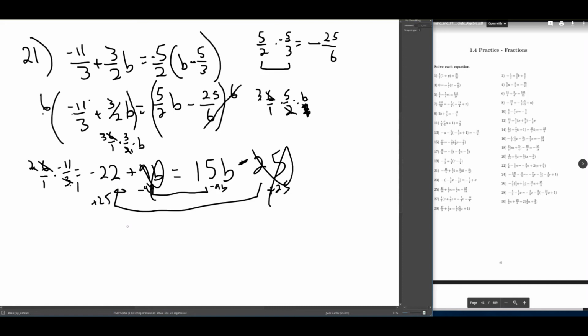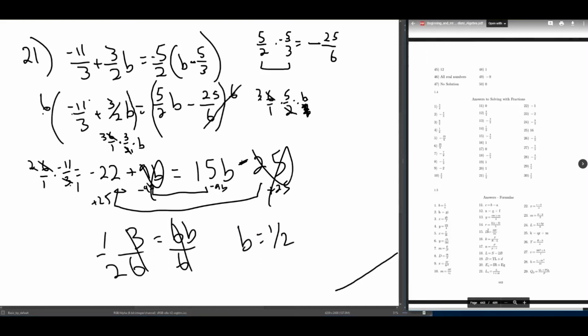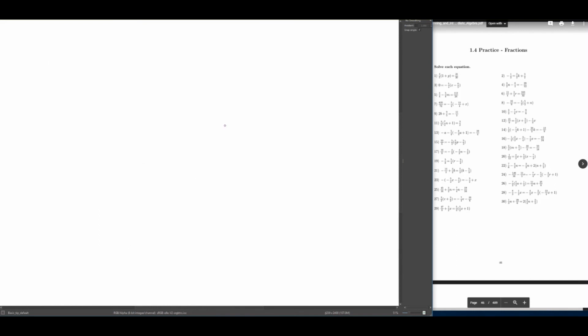This cancels, minus 22 plus 25 equals 3. 15b minus 9b equals 6b. If I divide both sides by 6, this becomes 1/2. This eliminates, so b equals 1 over 2. Number 21, b equals 1/2. Yes, it is 1/2, exactly.